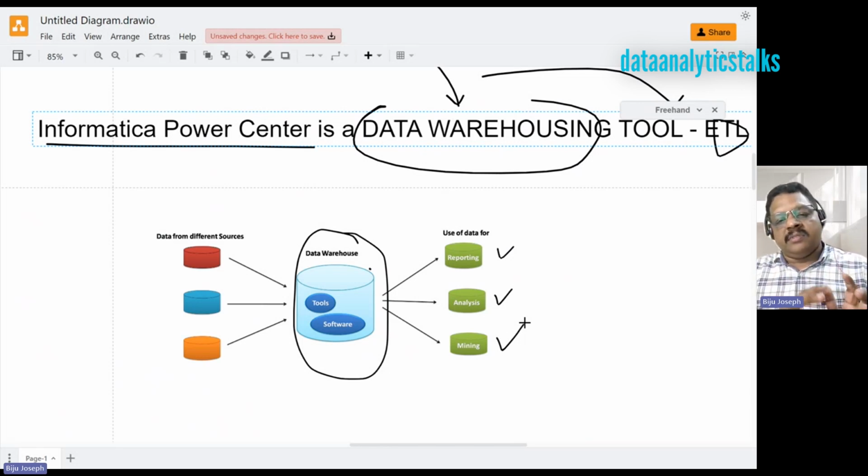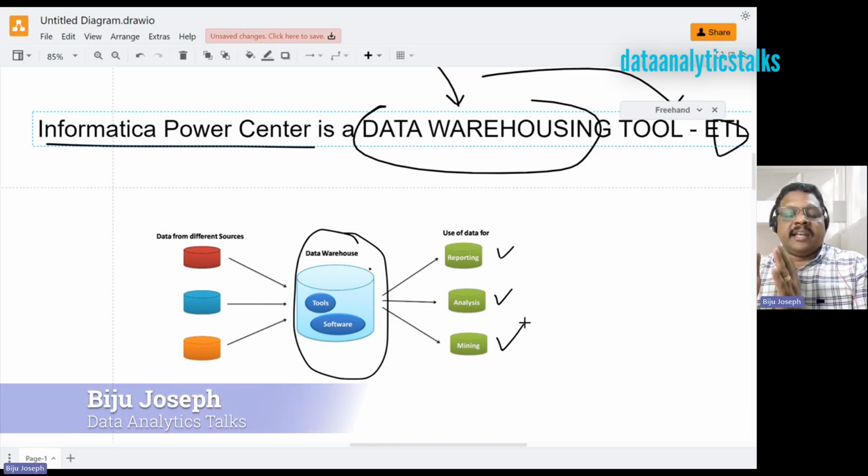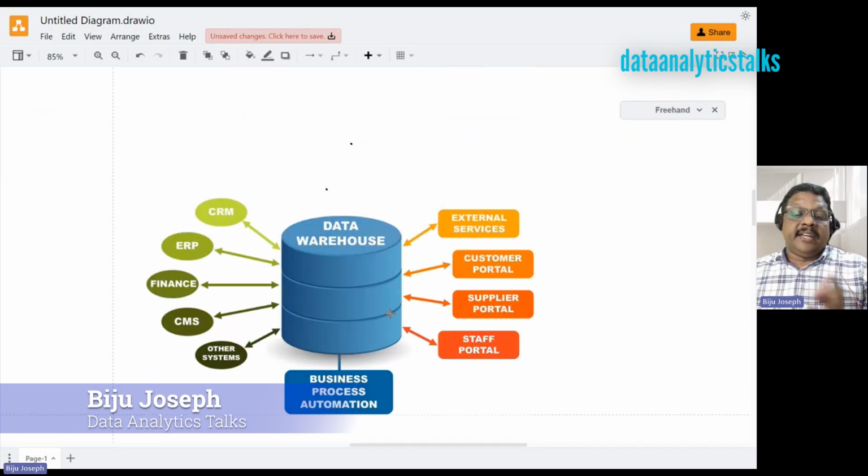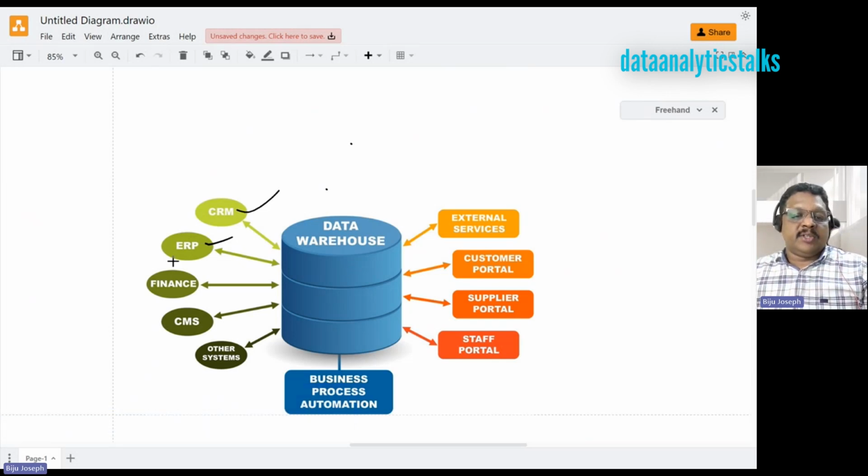So you know the database is a transaction system. Data warehousing is an analytical system. So going further, we can see the data warehouse input sources are heterogeneous. It could be CRMs, ERPs, finance systems, CMS systems, or other systems.